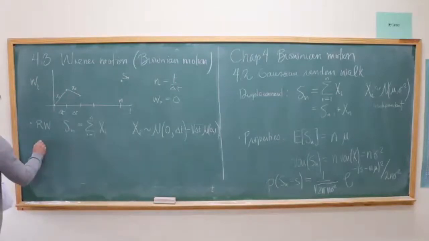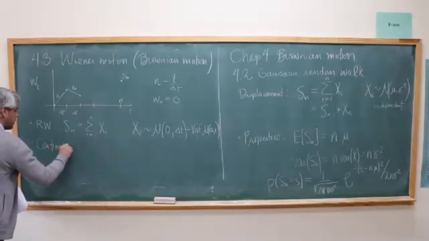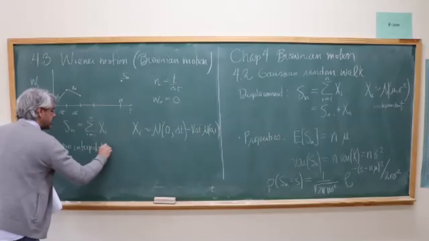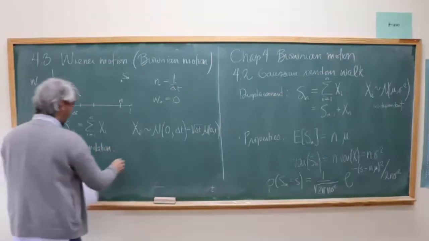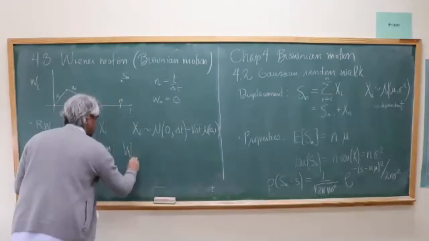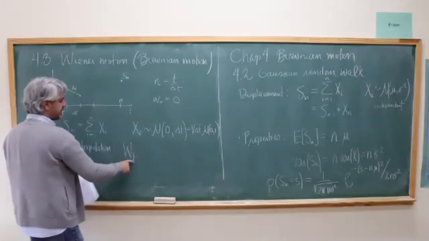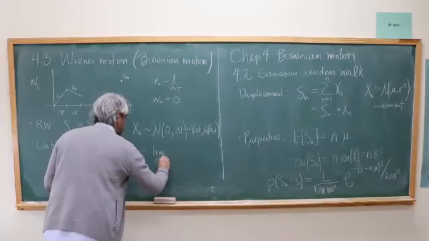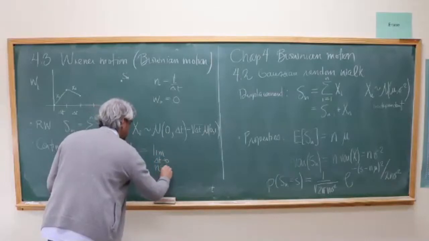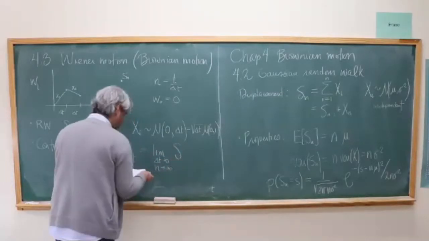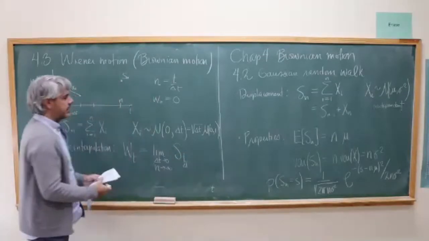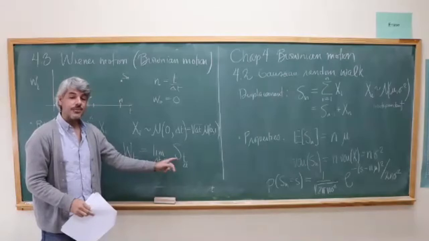Okay, so Brownian motion is the continuous interpolation of this. What I'll do is take the points of the random walk as the points of the process. So if I want the value of the process at time t, I take a random walk and I take delta t to go to 0, which means that n goes to infinity, and I have the random walk evaluated at t divided by delta t. This will correspond to the corresponding n for the random walk.